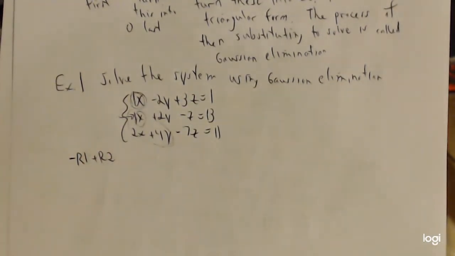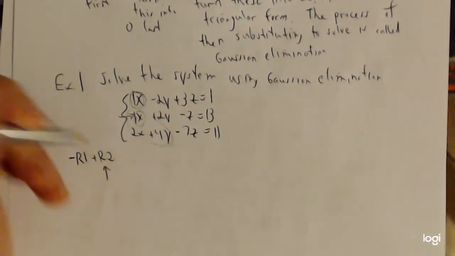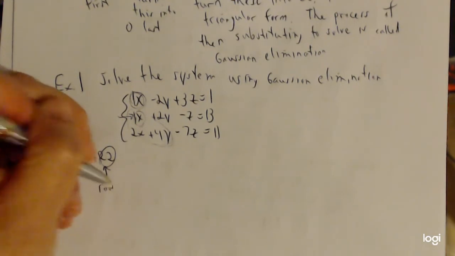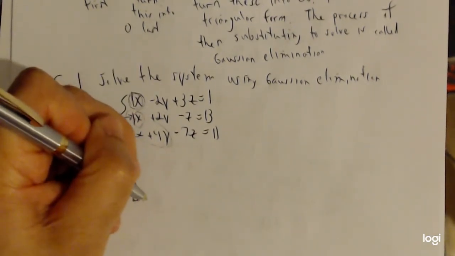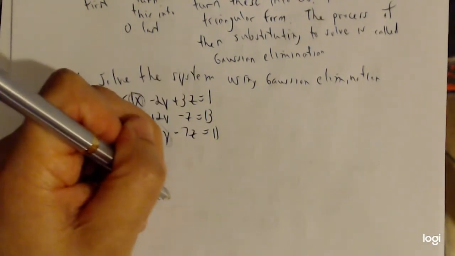Usually the way I like to use my notation is, the row I write second is the row that is being changed.